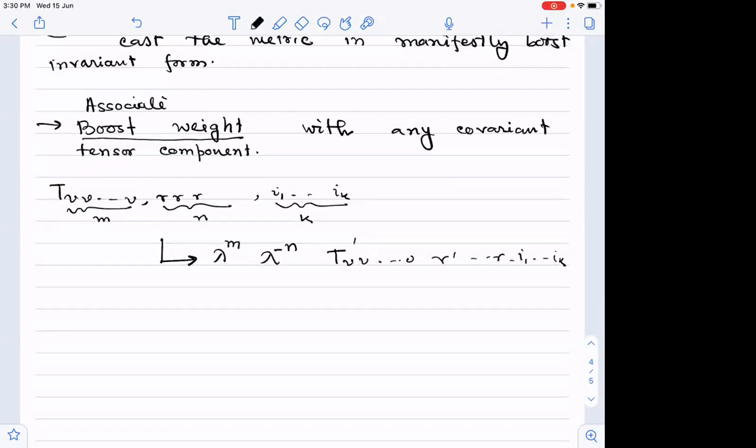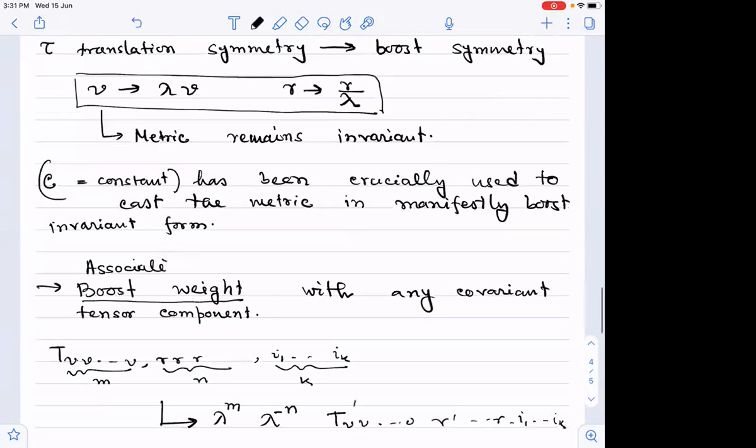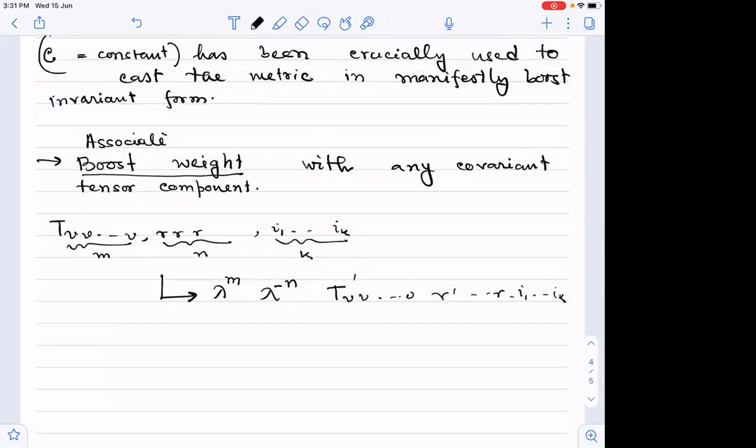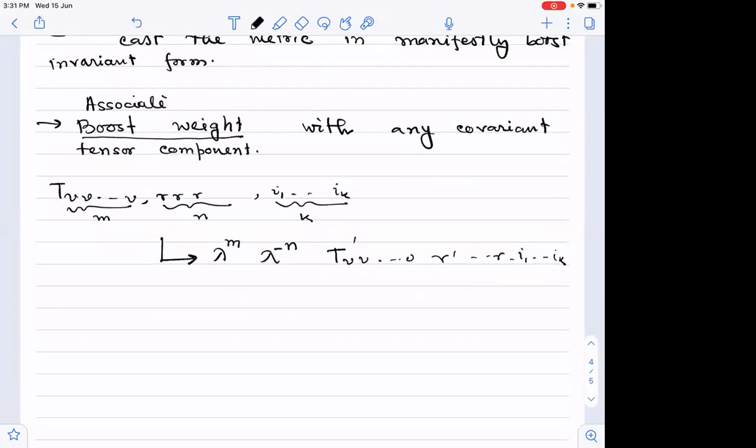So any covariant tensor component with some number of V indices, some number of R indices, and some number of I spatial indices, under this boost transformation, how will it transform? It's very simple. It's given by the number of V indices times lambda to the M, and the number of R indices will come with a minus N, depending on how I am taking my lambda, 1 upon lambda. So it entirely depends on the number of lower V indices and number of lower R indices.